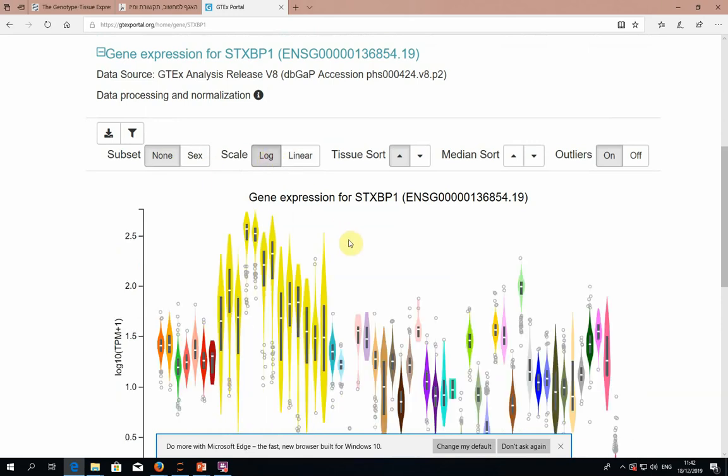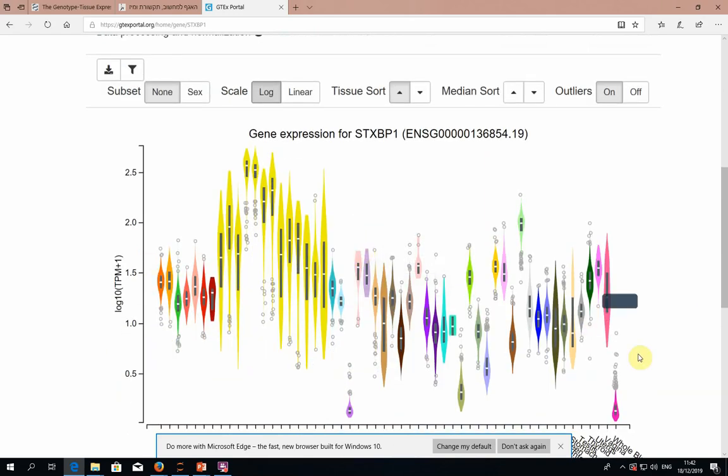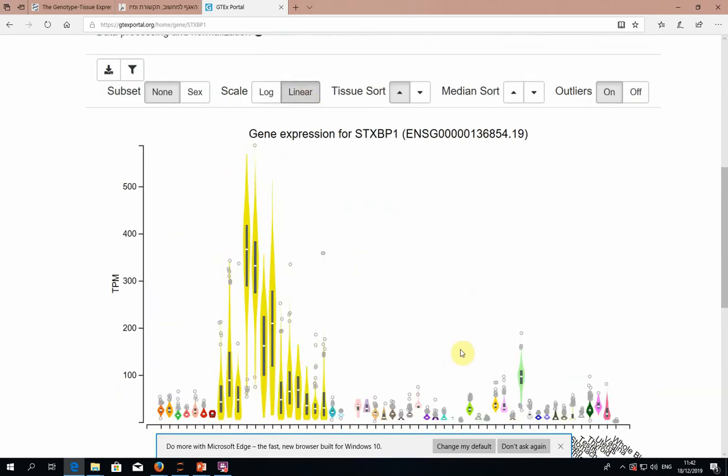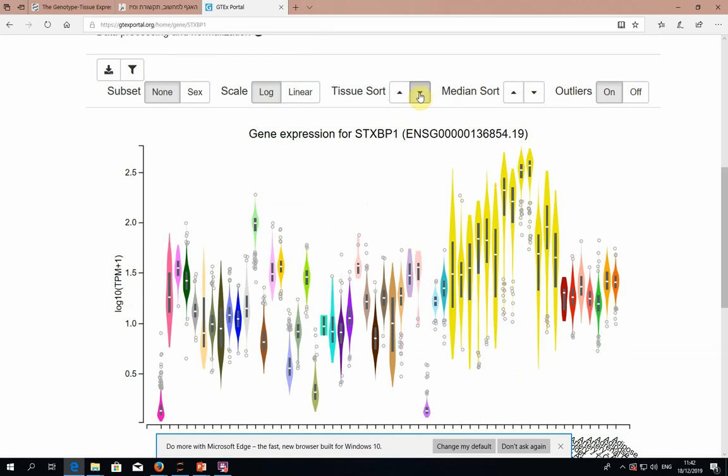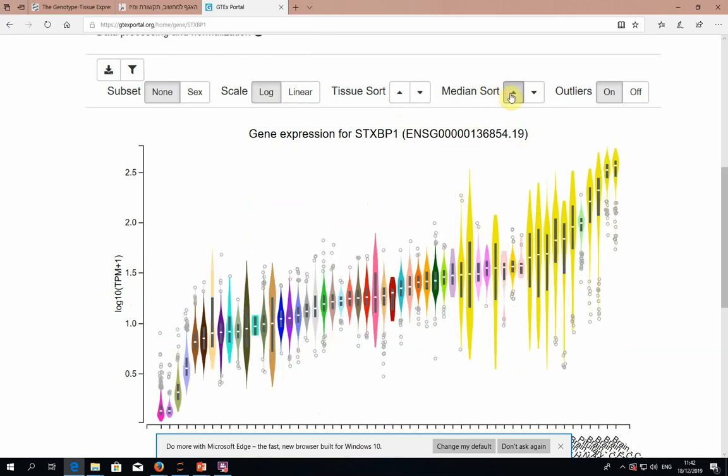You can do it with a log scale or not, and immediately you see that what looked to be very little is actually expressed in a reasonable amount, but in a log scale you can see that, of course, the brain is dominating. You can do all kinds of nice visualization by sorting by tissue or by median, or removing the outliers.